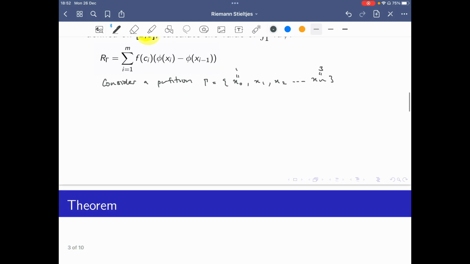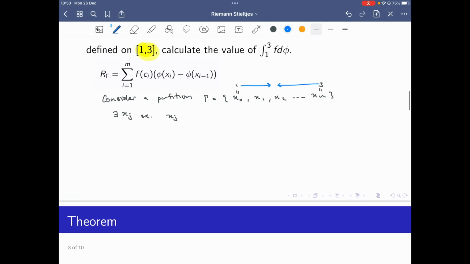Then there always exists such an xj that is just smaller than 2, somewhere in between here. Then the next one, x_{j+1}, is larger than 2, or maybe larger or equal.